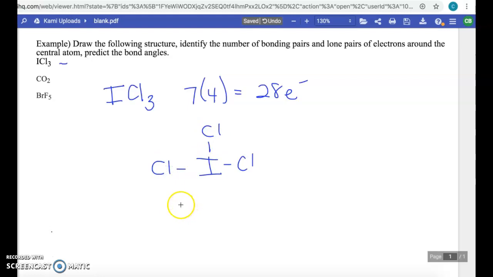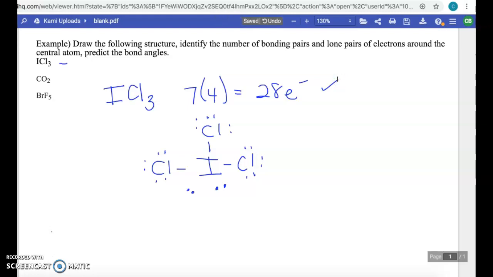I'm going to start with single bonds. Group 17 tends to only want a single bond because it only needs one more valence electron to satisfy its octet. Let's see how many valence electrons I've used: 2, 4, 6, 8, 10, 12, 14, 16, 18, 20, 22, 24, which means you should have 2 lone pairs of electrons on your Lewis structure for a total of 28 valence electrons.